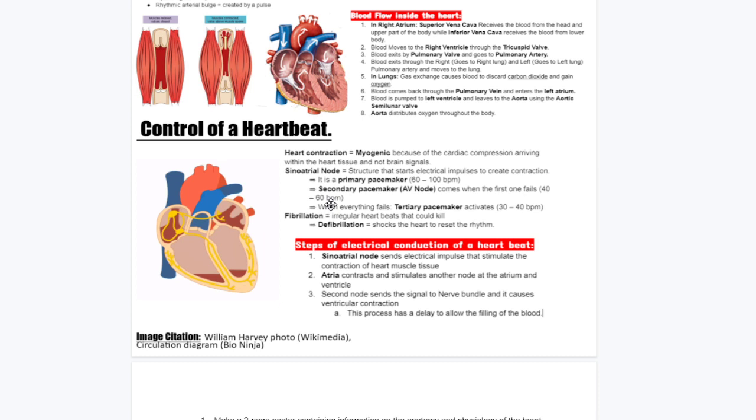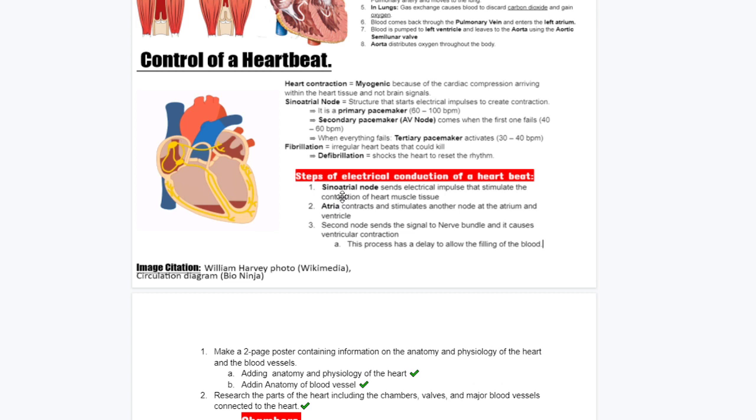It goes around 60 to 100 bpm, and there's also the secondary pacemaker, also known as the AV node, which comes in when the first one fails, and it is 40 to 60. When everything fails, the tertiary pacemaker activates, and it is much lower, 30 to 40.